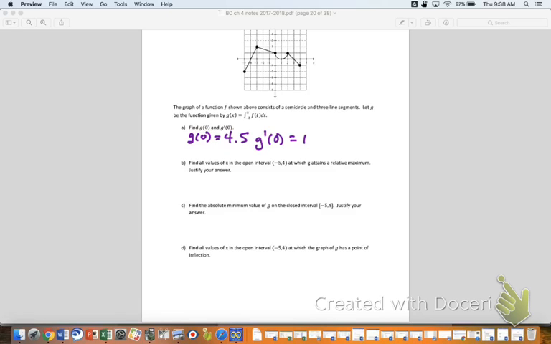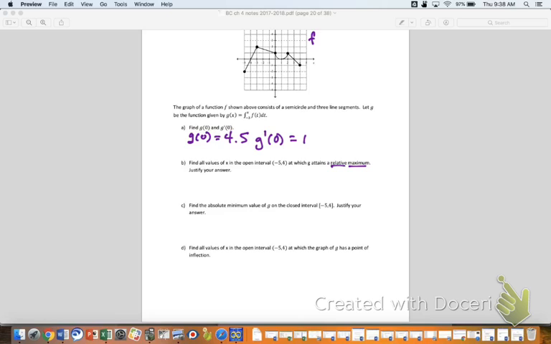Think about how this works. We're looking for x values where G has a relative max. And that graph is a graph of F. So looking at that might be useful, but we're looking for relative maximums of G. So if I'm looking for relative maximums of G, my candidates would be what?